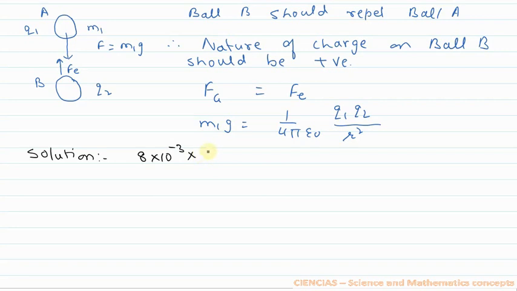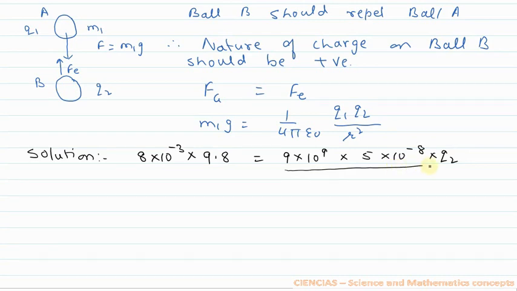The value of g we consider as 9.8. 1 upon 4 pi epsilon 0 is 9 into 10 the power 9. The charge on pith ball 1, that is Q1, is 5 into 10 the power minus 8. Q2 we have to calculate, and the distance between them is 5 centimeter, that can be written as 5 into 10 the power minus 2, squared.